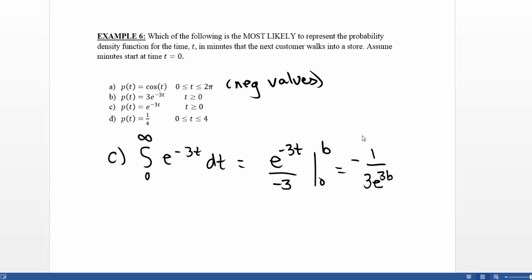I brought that term down, minus negative 1 over, and now we'll have 3e to the 0. And we want to look at what happens as b goes to infinity. Well, as b goes to infinity, the first term goes to 0, and the second term is going to go to 1/3. So when we do that, we get 1/3. 1/3 does not equal 1. Therefore, C is not an option. Does not integrate to 1.